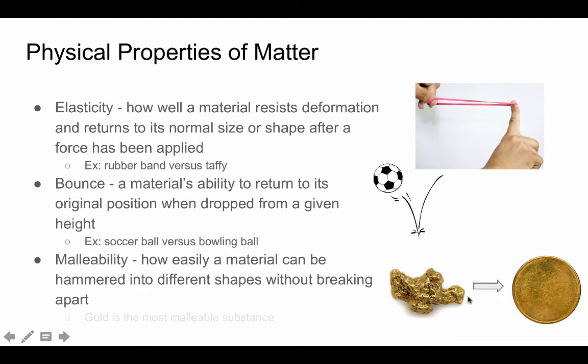It's actually the most malleable metal that exists, which is part of why it's used in jewelry and coin making, because you can put it into different shapes very easily without it breaking apart.